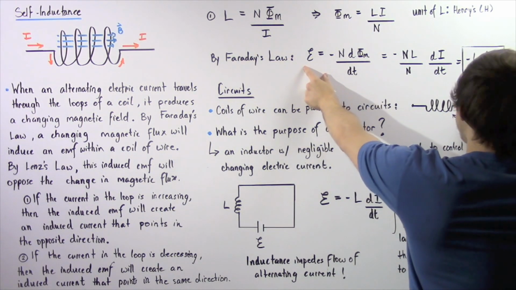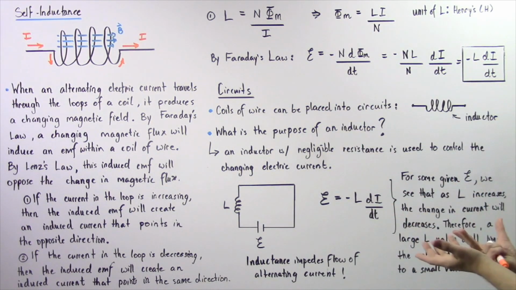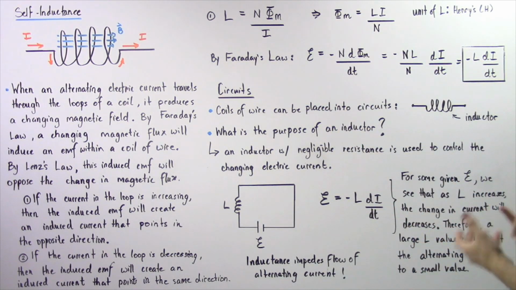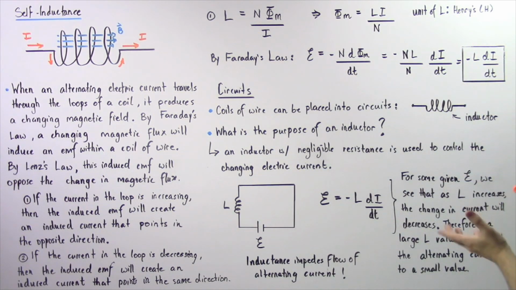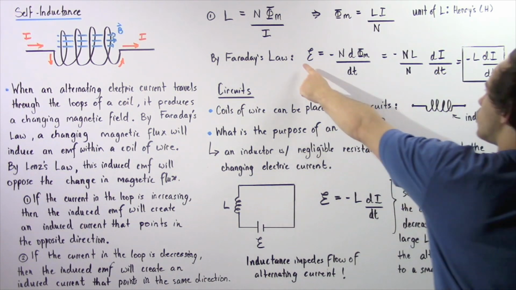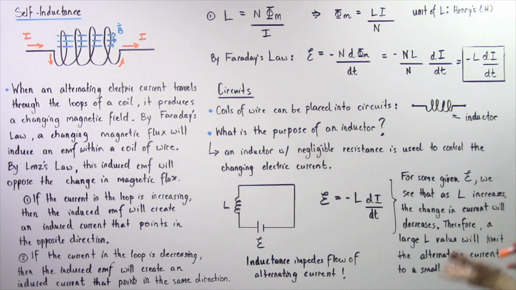So, this equation essentially gives us a relationship between our induced EMF and the rate of change of our electric current. So we see if our rate of change increases, that will increase our EMF produced.